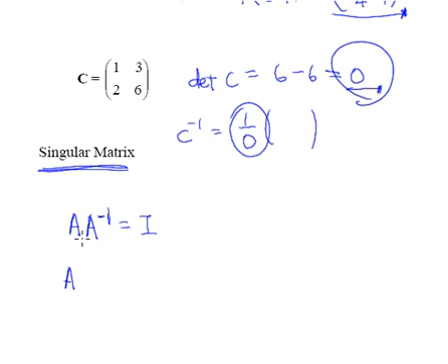A multiplied by A inverse is equal to I, or A inverse multiplied by A will give you I. For special cases like this, these multiplications are commutative, but in general they are not, as we mentioned earlier.